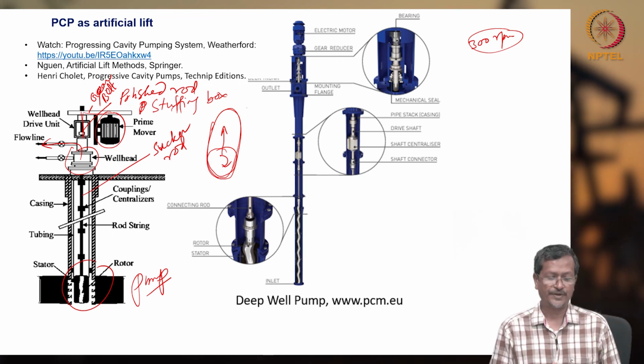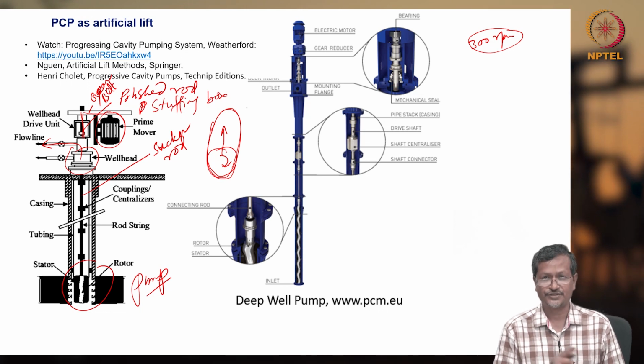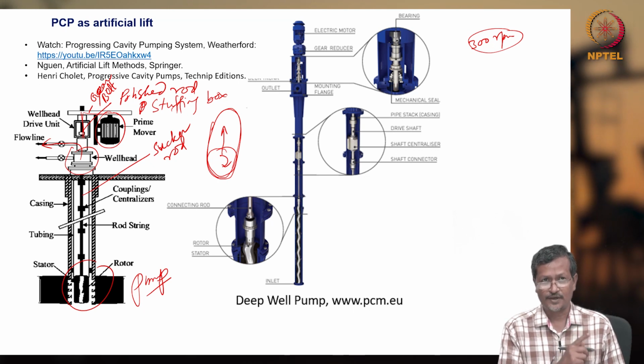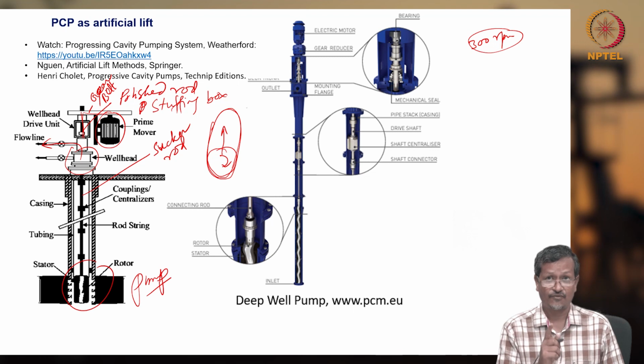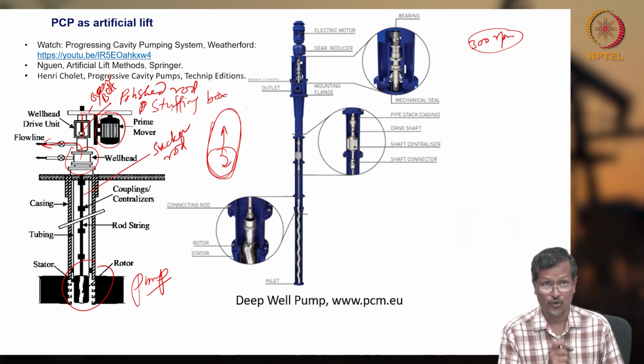And how are you transferring power? Using one sucker rod. This sucker rod has torque and shearing action, but in SRP or beam pump, the sucker rod has tensile force, whereas here it is getting shear force because it is transferring torque.